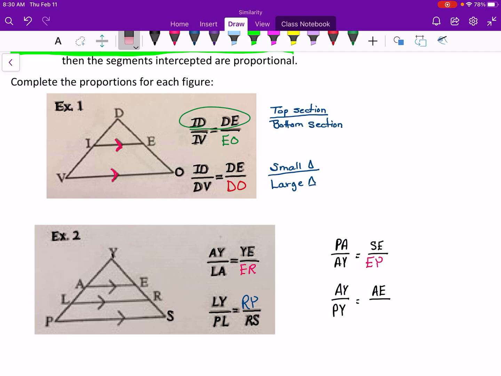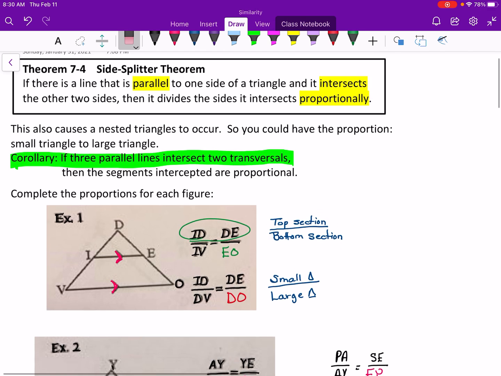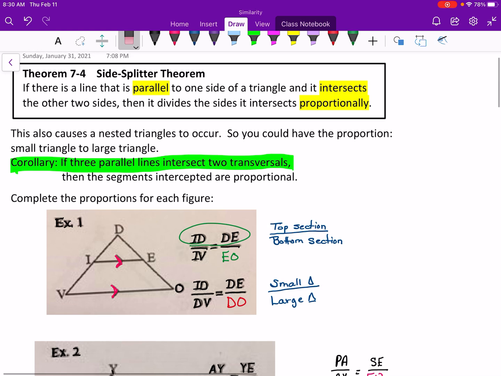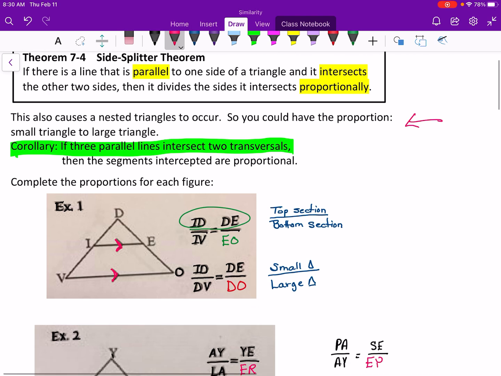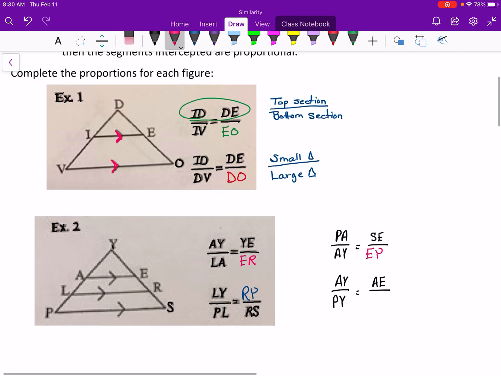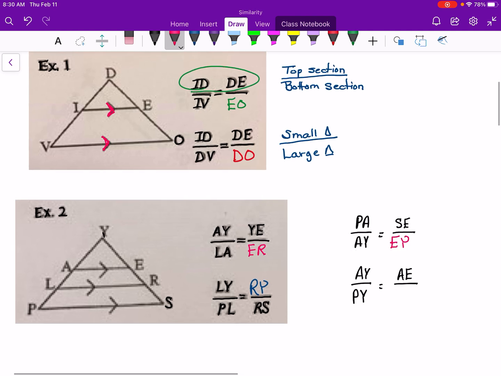Okay, the last one I'm changing up a little bit. All these others that we've been doing, we're using the sides, the left and the right sides of the triangle. Because we had a comment in here, right here, it says that we're causing nested triangles to occur. So we could have the proportion small triangle to large triangle. Instead of just splitting the sides, I want you to also notice what happens in this last example.